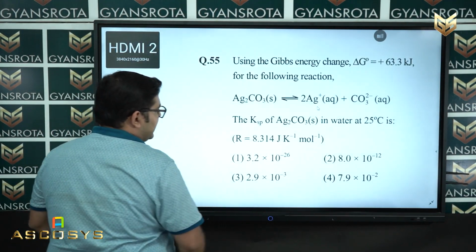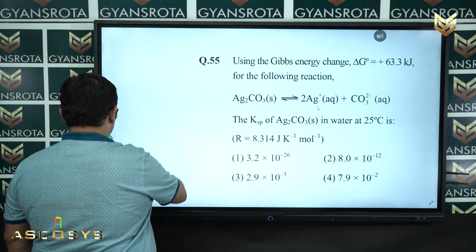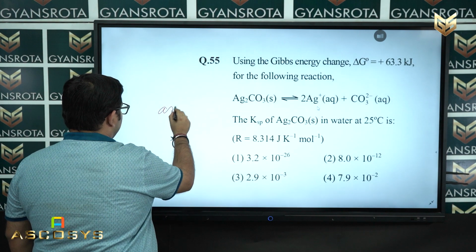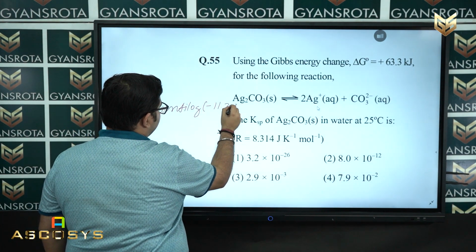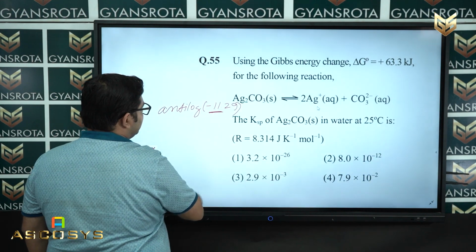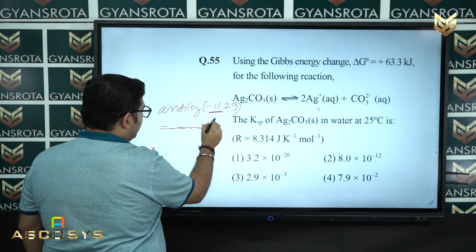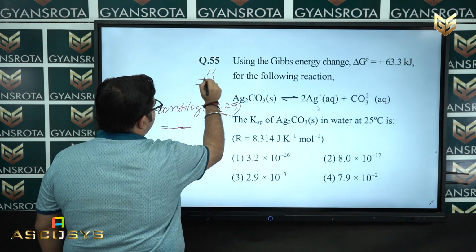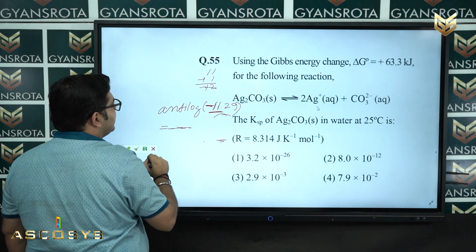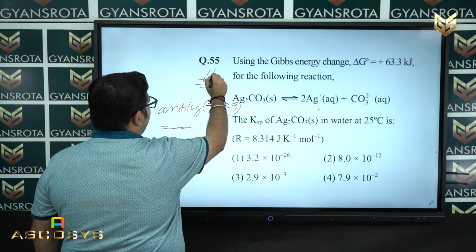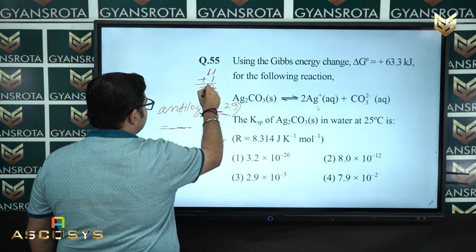So in the slide, if you see, our value is coming like anti-log of minus 11.29, right. So here minus 11 is there, so your value will be something into 10 to the power, with a minus sign. That is minus 11.29. So your value has this 11 plus 1, that is 12.